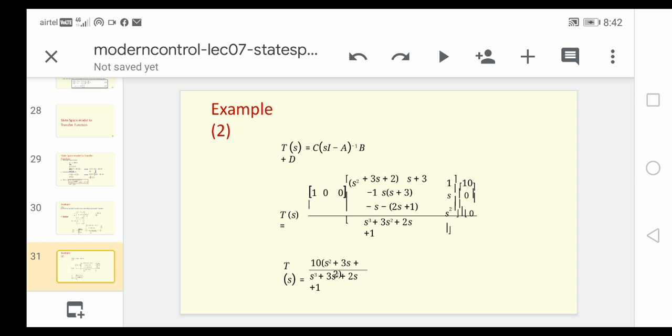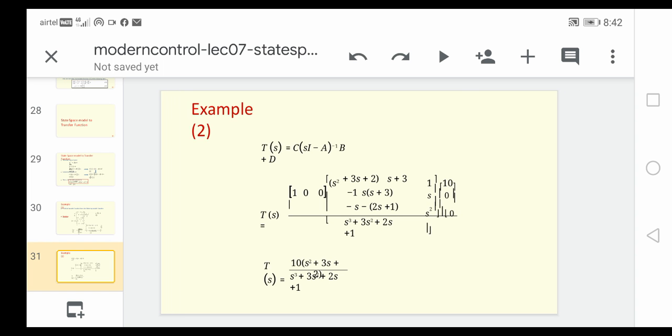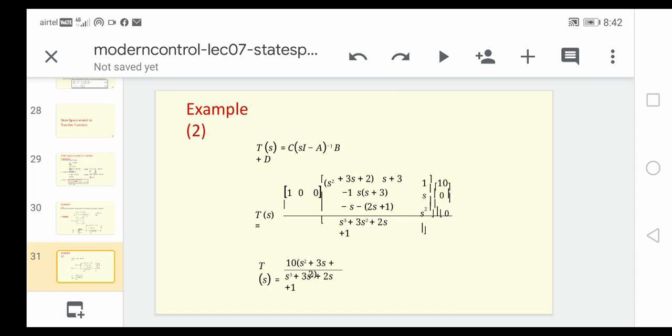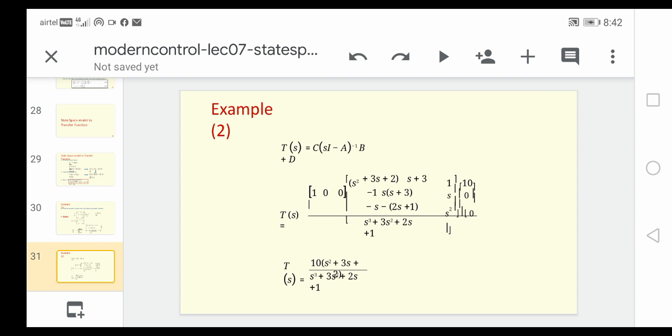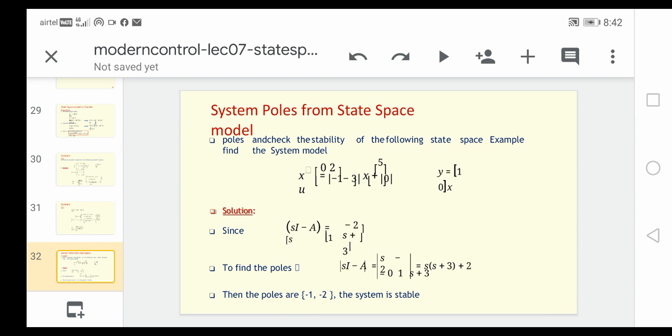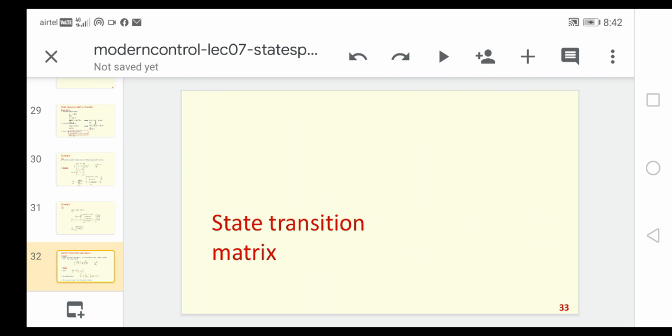From the state equation only we get them, and then it is just simplification and mathematical matrix calculation, multiplication, subtraction, where I is an identity matrix. The size of the identity matrix will be equal to the order of the matrix A. Some different problems you can see.